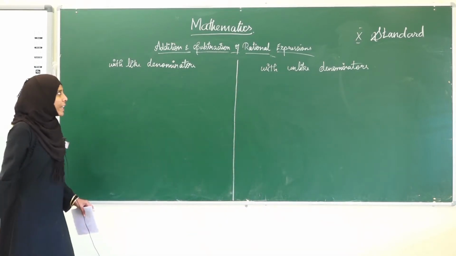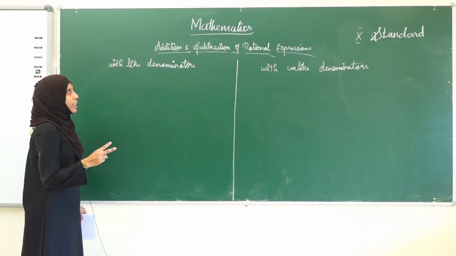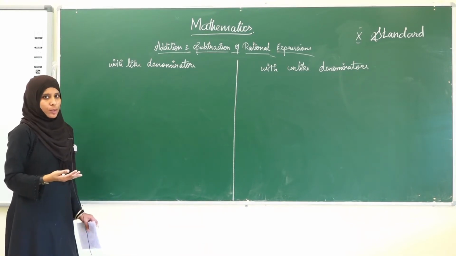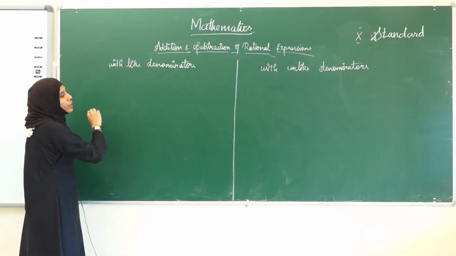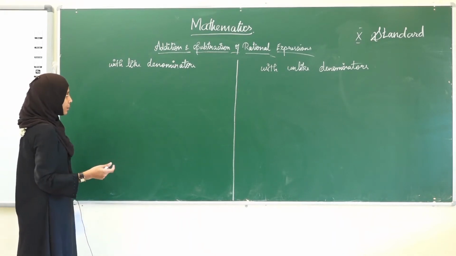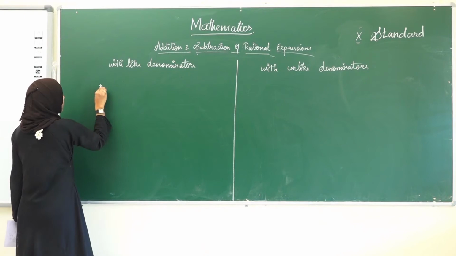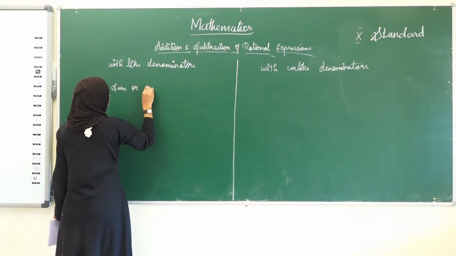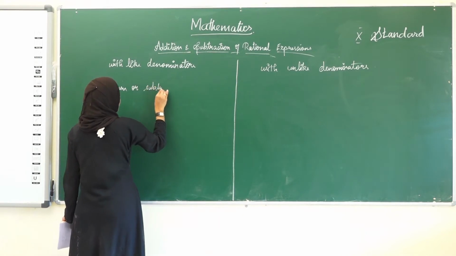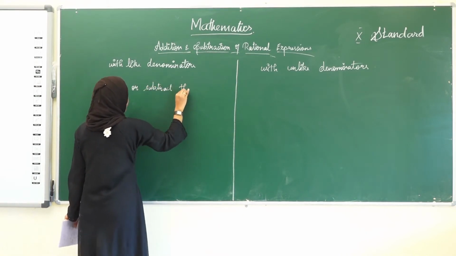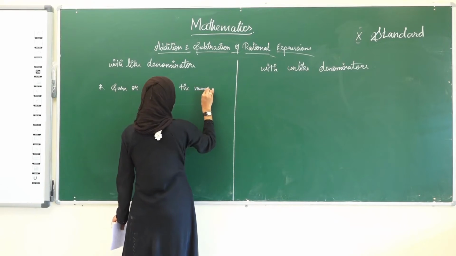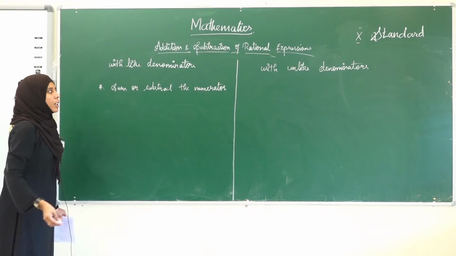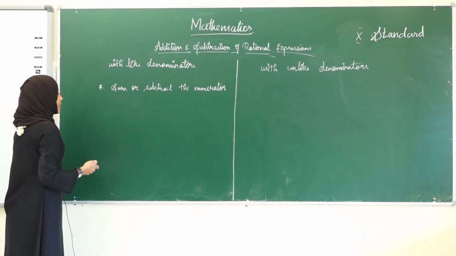If we have like denominators, they will give you two rational expressions and ask us to add or subtract them. So if they have given two rational expressions with like denominators, first we add or subtract the numerators, both numerators.